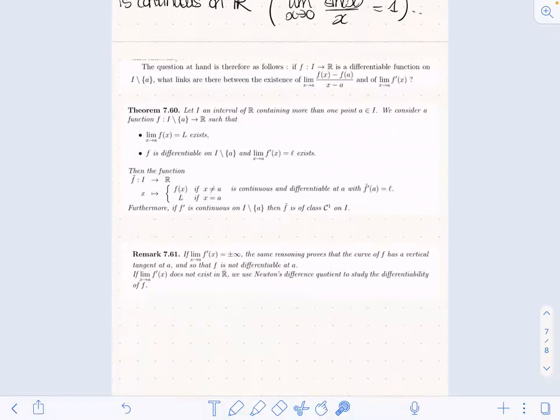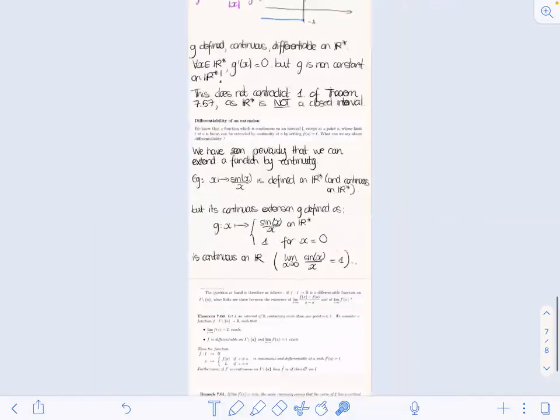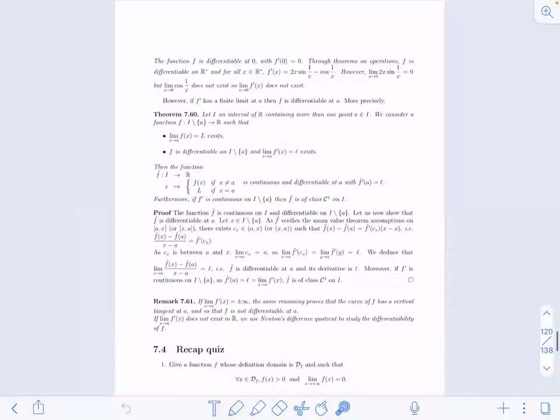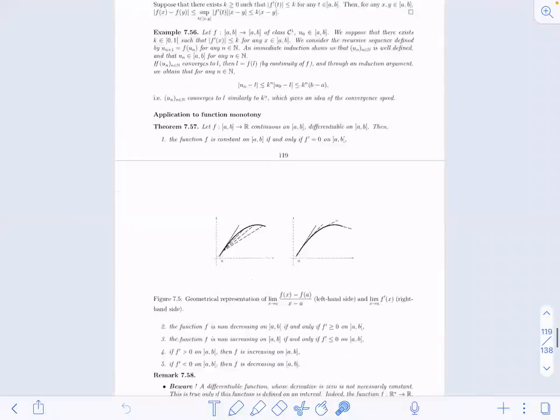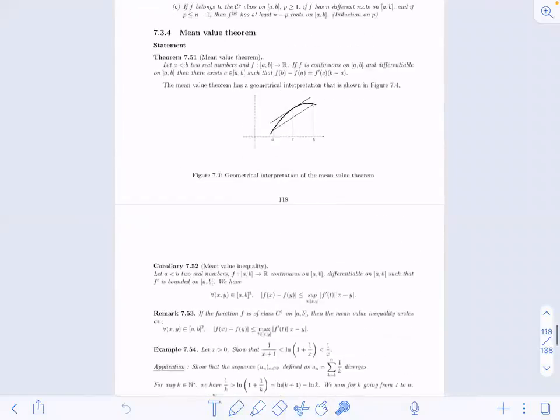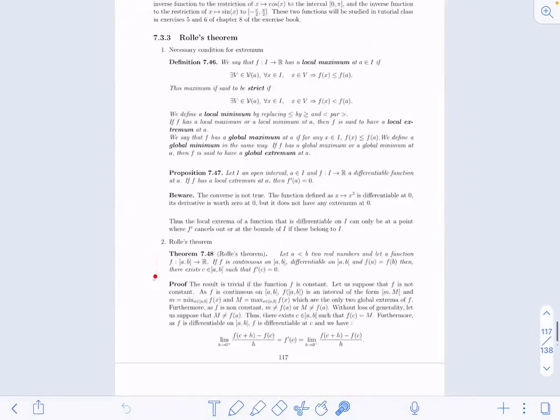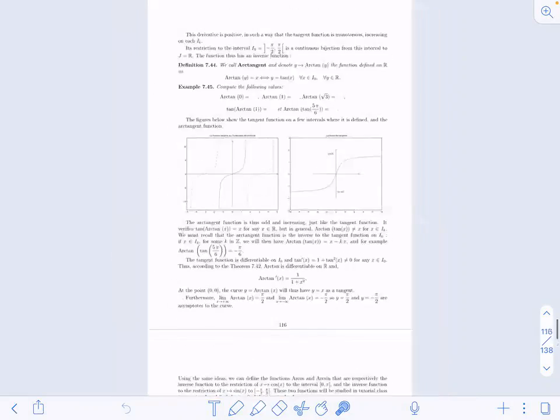So you can see that it's quite dense with lots of different results. If we look at the notes that we've gone over, related to differentiability, there's the idea of extending a function to be differentiable. There's the mean value theorem and its inequality. There's Rolle, and that builds on everything we'd already seen.